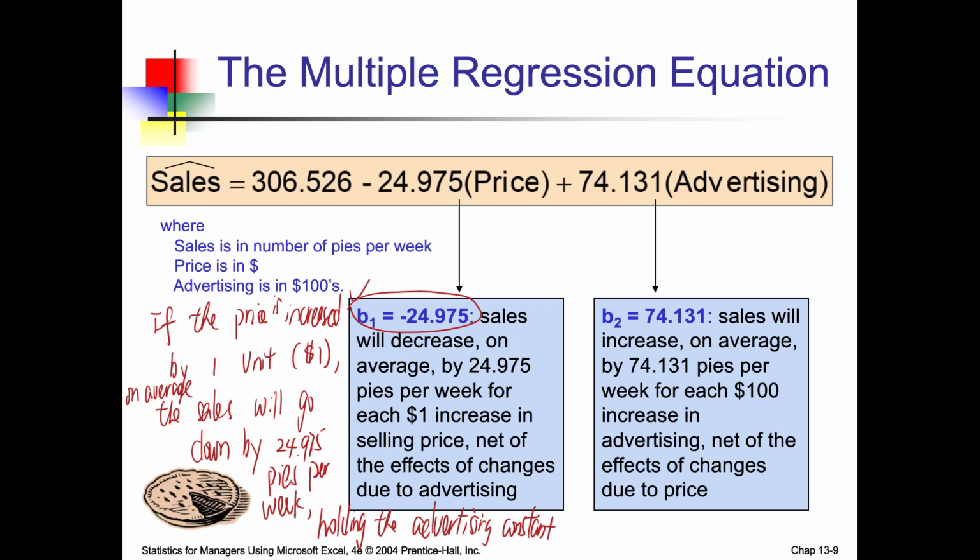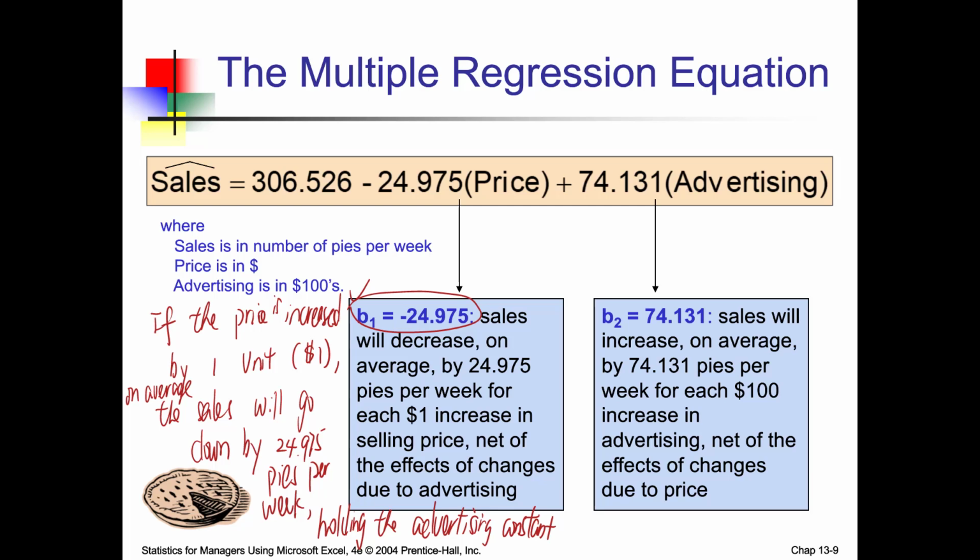B2 is 74.131. So if advertising spending is increased by 1 unit, which is $100, then on average the sales of the pie will go up by 74.131 pies per week, holding the price constant, meaning we do not change the price of the pie. And that's basically how you interpret B1 and B2.